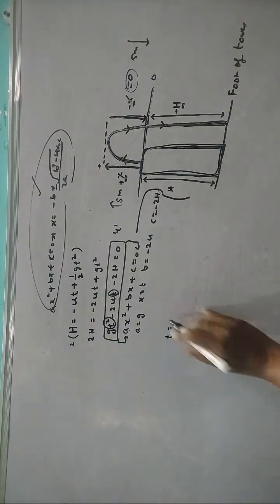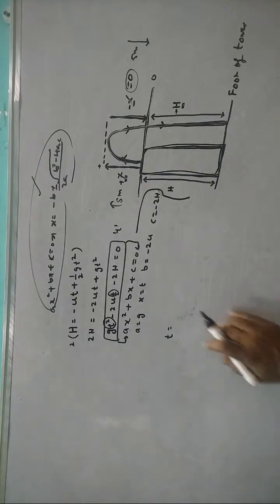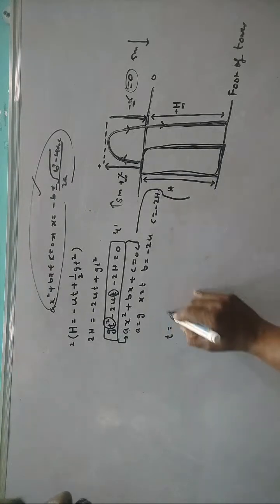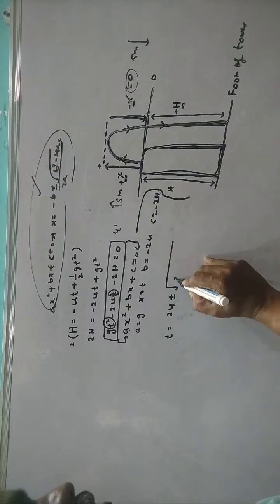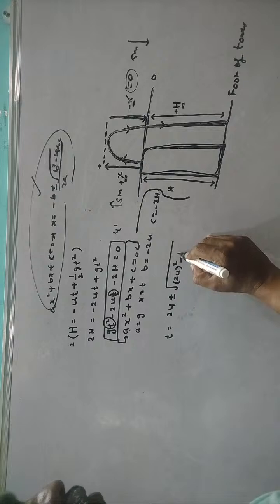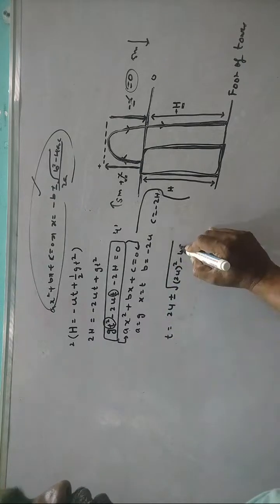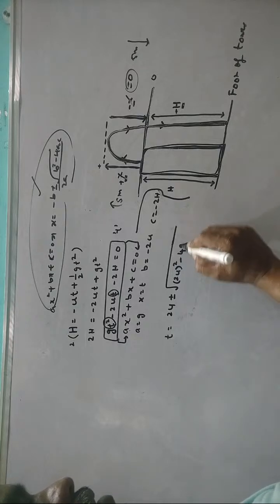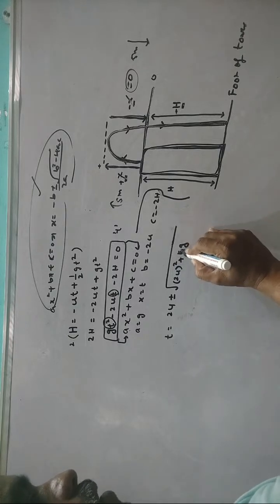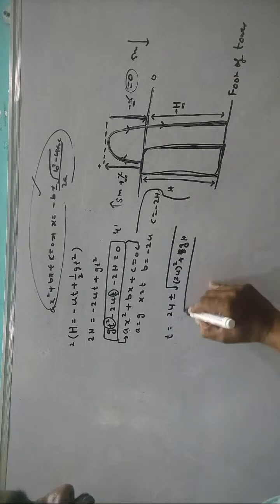t equal to, is it visible? Yes. Minus b is equal to 2u plus or minus square root of 2u whole square minus 4ac, 4 into a into g, c is minus 2h, multiply, you will get 8gh, by 2a.